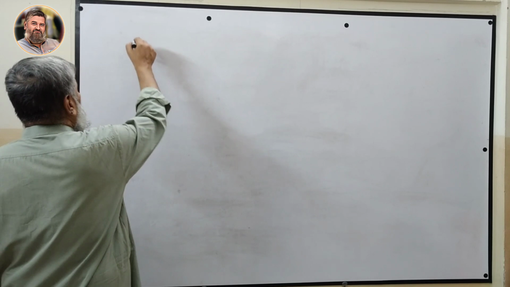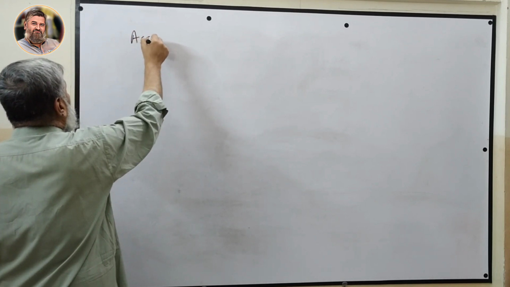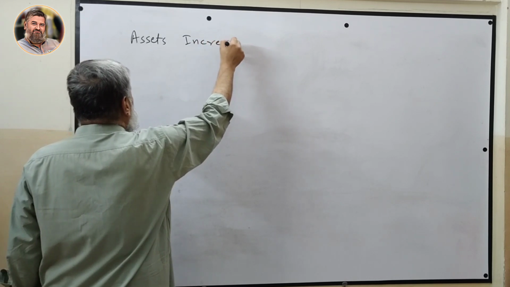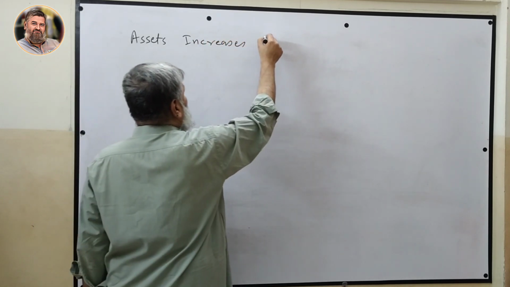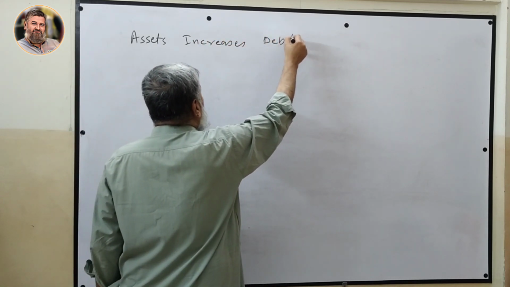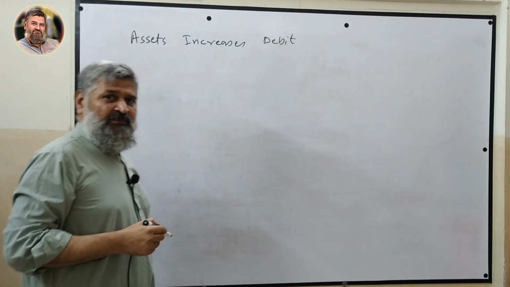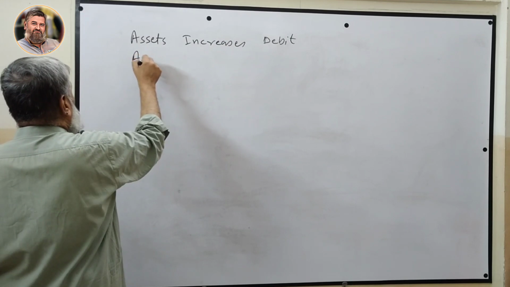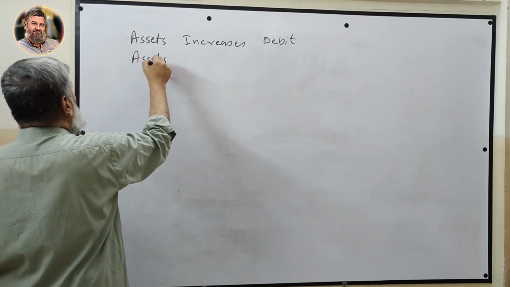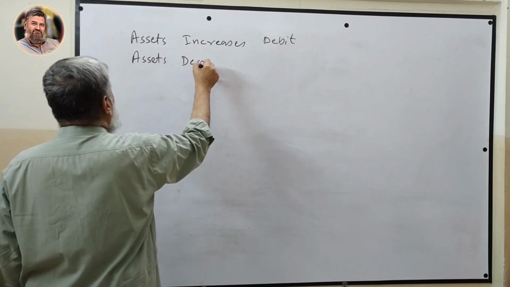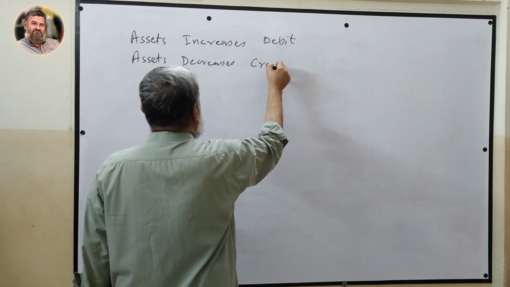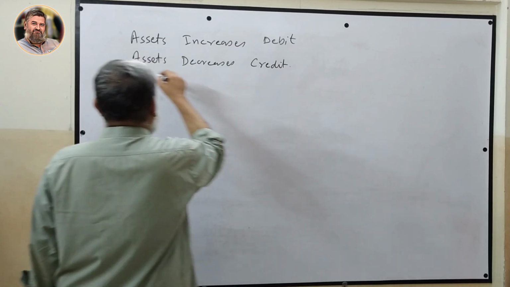Likewise, for example, when assets increase in the business, it will be recorded at the debit side. Obviously, when assets decrease, at the credit side.